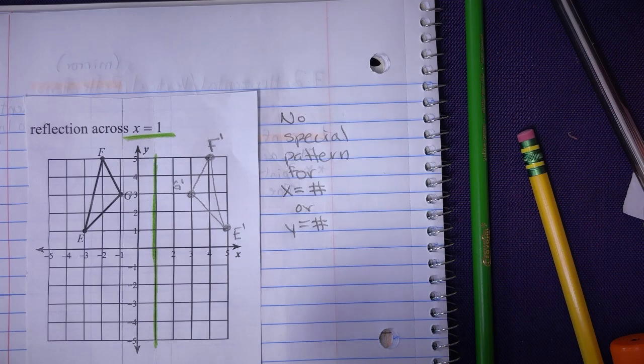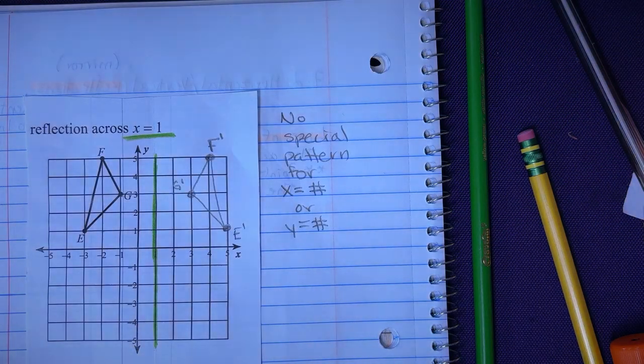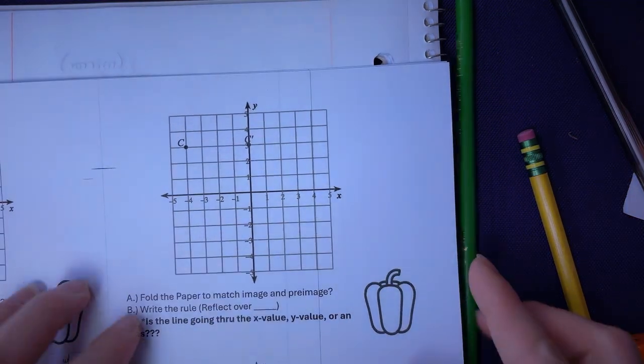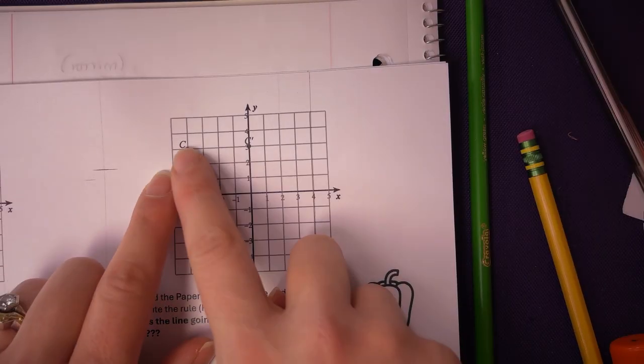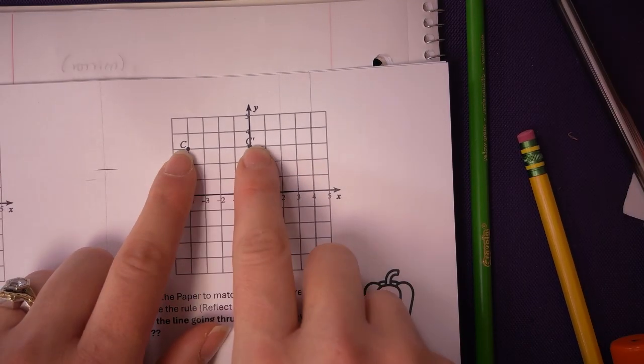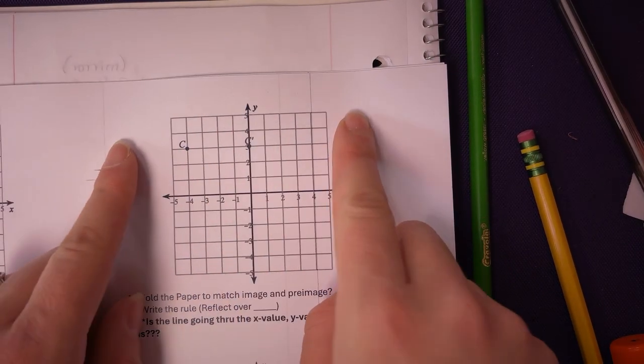Work on your spicy packet. In the first one, it is once again you're starting off with writing the rule. So you need to figure out, right, in this one, how far away or where would be the line of reflection, right?